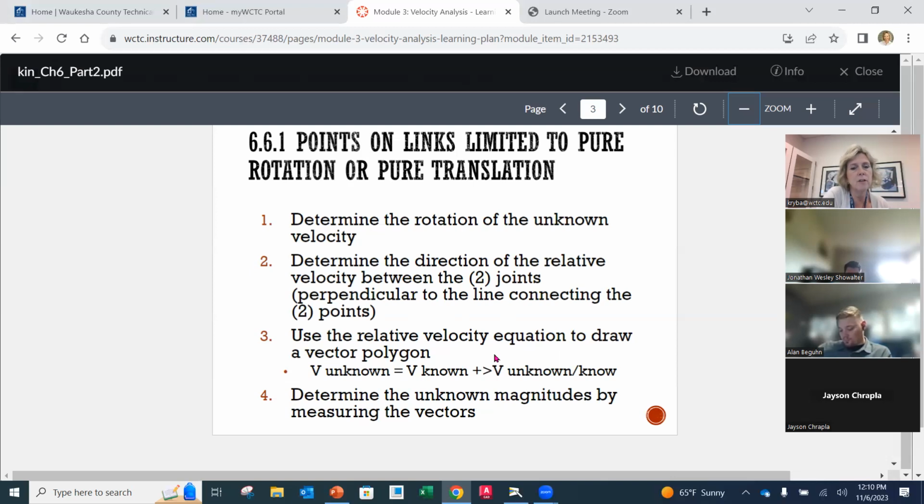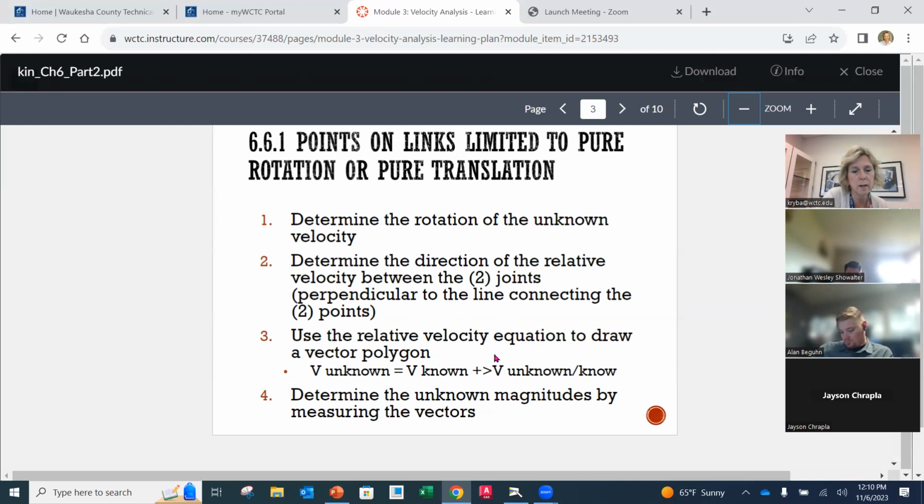help with. Then you also want to determine the direction of the relative velocities between the two joints. This means that if there is a link that's connecting between the two velocities that we're looking for, that's called our relative link. That's usually going to be our link number 3, or the connecting rod that we've been seeing on 4-bar mechanisms.